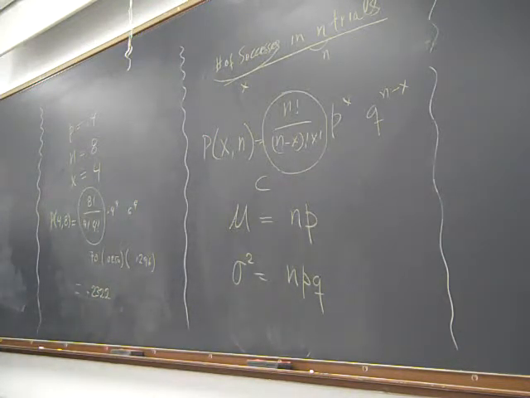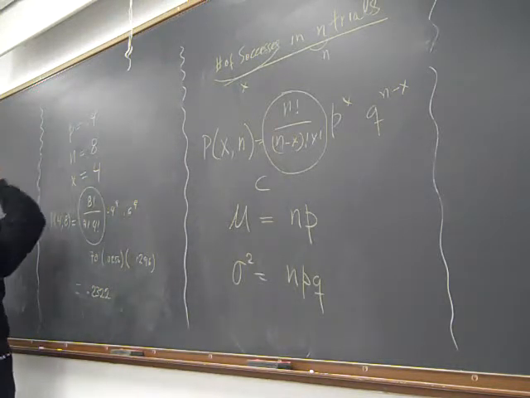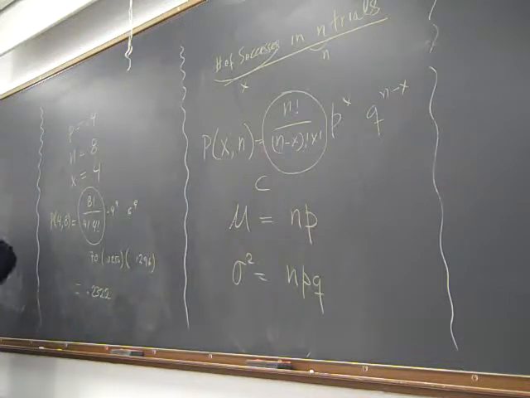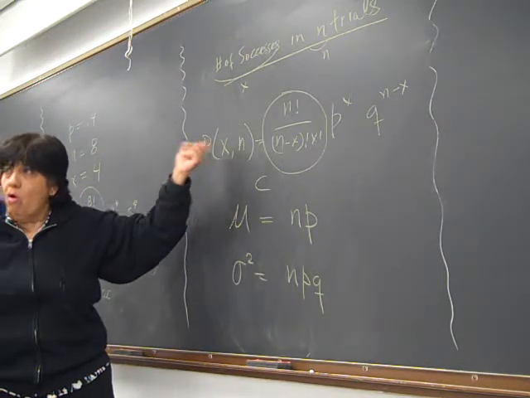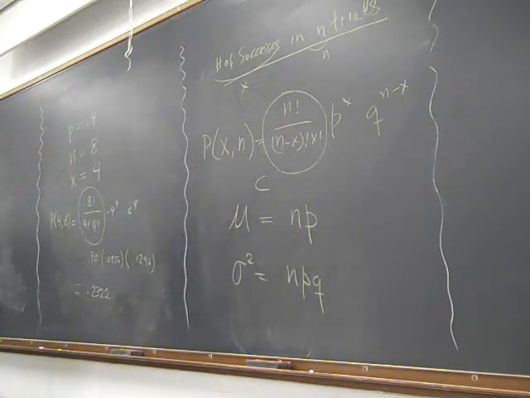What if I have 0.43 as P? 0.43 is not in the table. So either you do the formula, or you can use your TI-84 as well. Let me tell you how to do it.